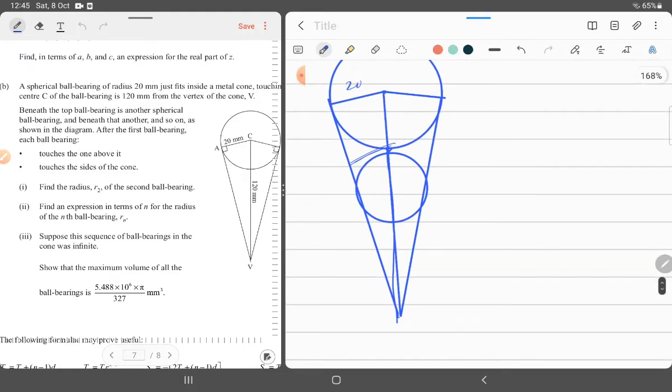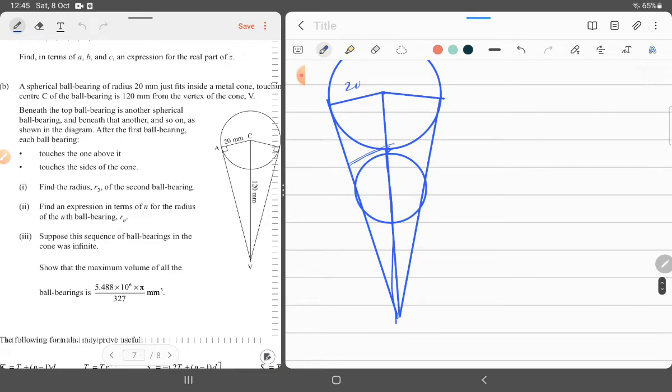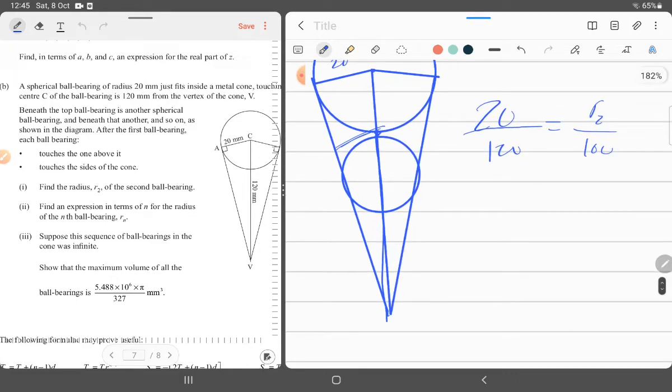So 20 over 120 is equal to 100 over R2. I believe this is what? Is this 2000 divided by 120? Right, is 20.